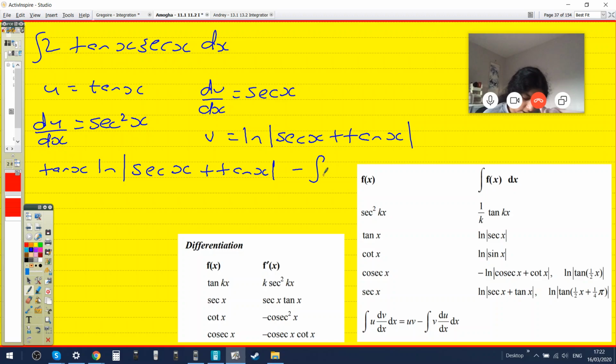This is not looking nice. No, it's going to get more difficult because we now have, instead of sec x plus tan x, we have ln. And so we could try swapping them around. We could let u be equal to sec x. Yeah.